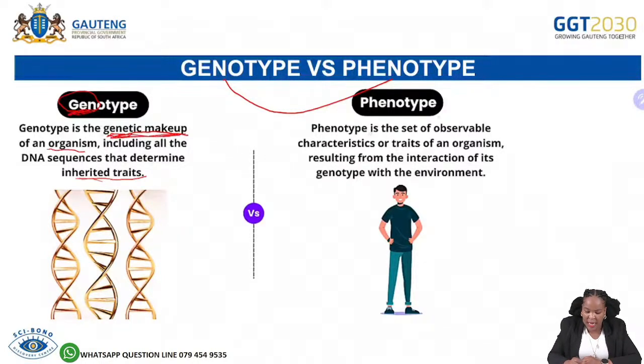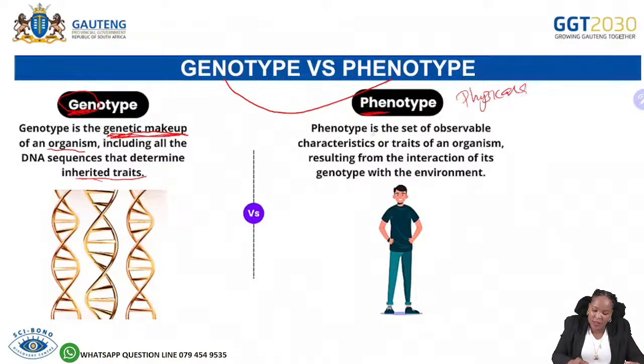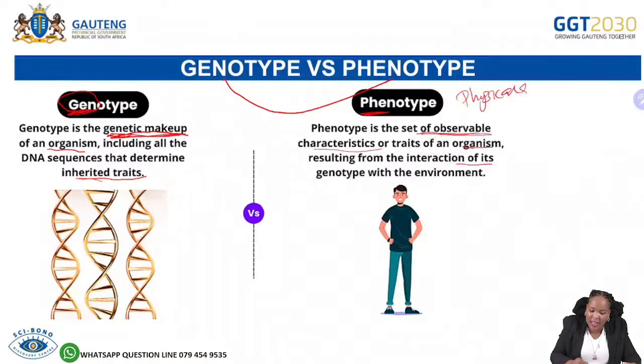Then we come to the phenotype. The phenotype, pheno, physical. So you can say pheno goes with physical. Then something that is physical is something that you can see with your naked eye. What is the phenotype? Phenotype is the set of observable characteristics or traits of an organism. So these ones, when we say they are observable, it means you can see them with your naked eye, resulting from the interaction of its genotype with the environment.